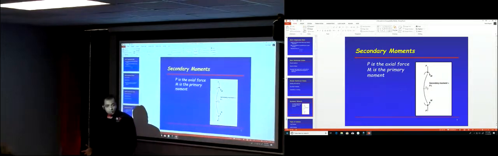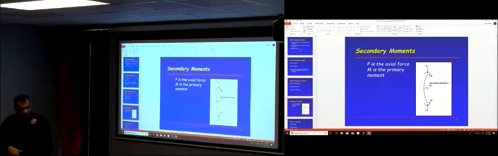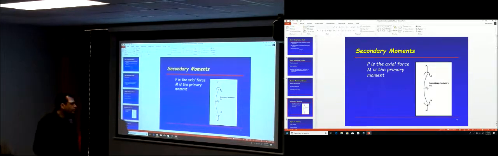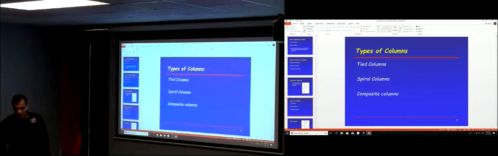The load that can be resisted by that column depends on its length. The taller the column is, the less load it can resist. We're not going to discuss this. That's actually beyond the scope of our course.